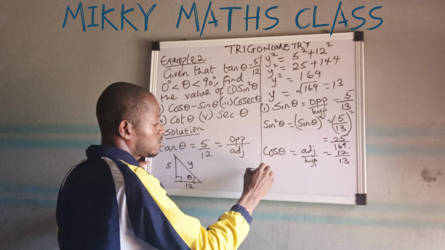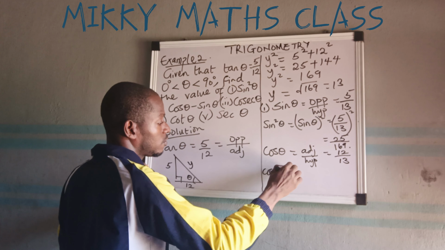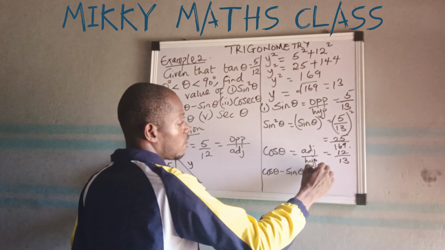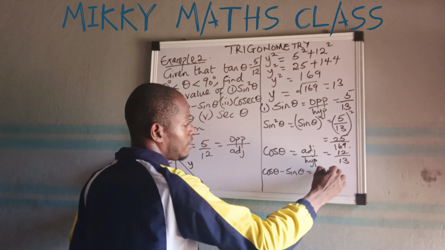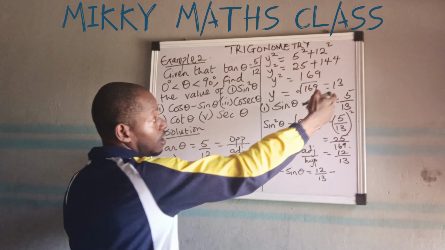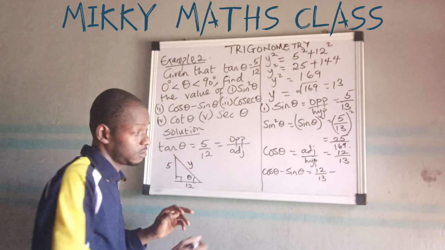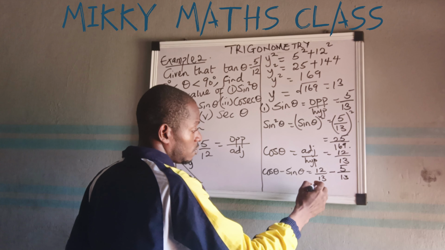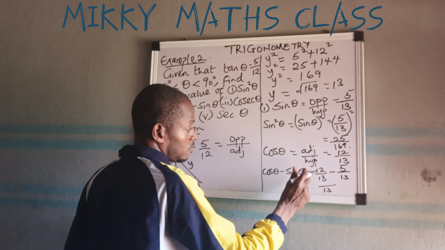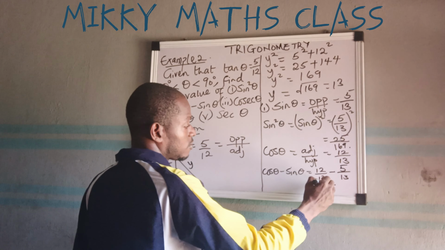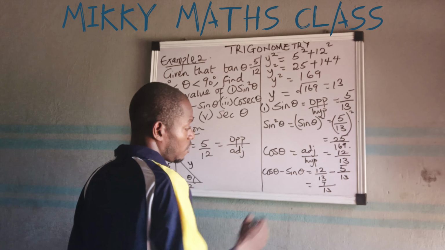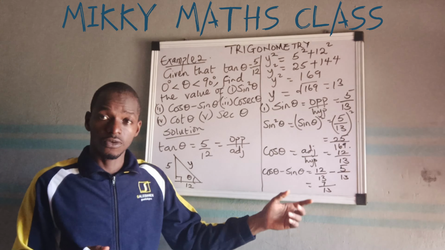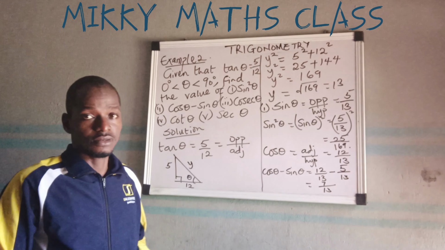So therefore our cos theta minus sin theta equals to 12 over 13 minus, where's our sin theta? Our sin theta is 5 over 13. 12 over 13 minus 5 over 13. So this is over 13. So 12 minus 5, that's 7. So therefore our cos theta minus sin theta is equals to 7 over 13.